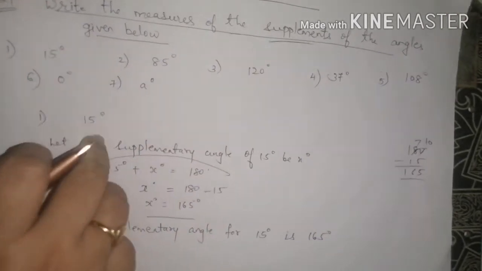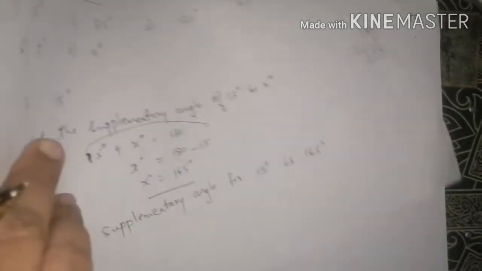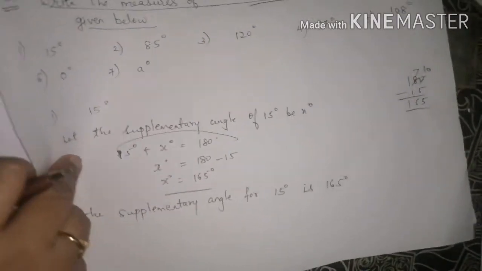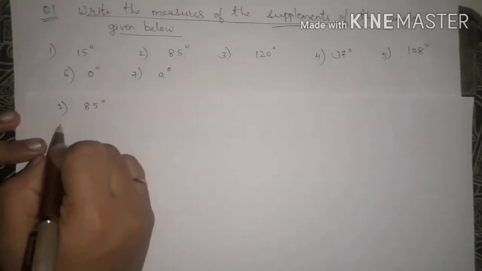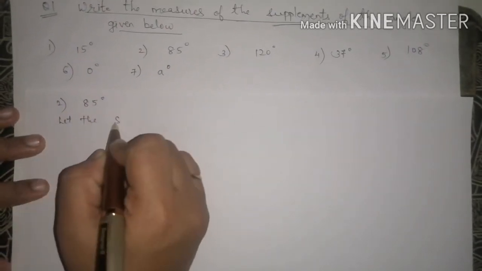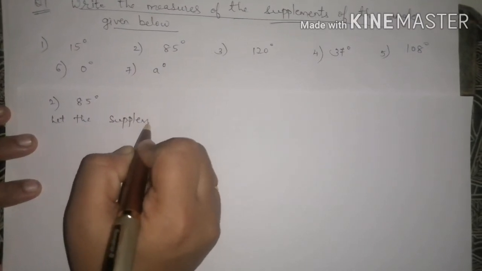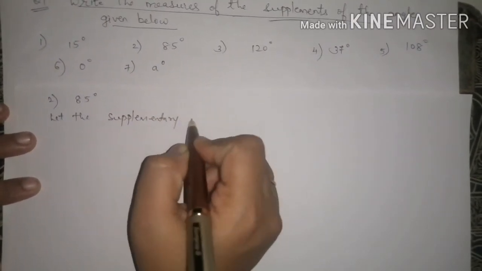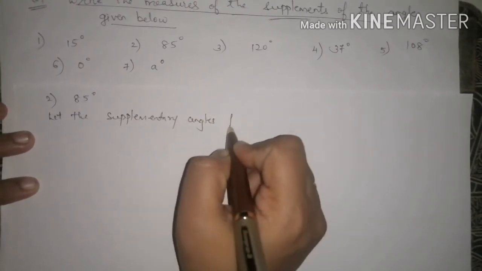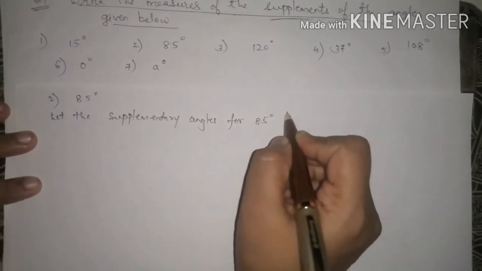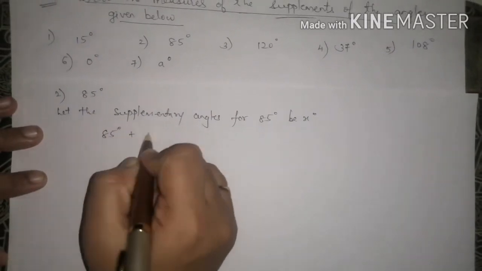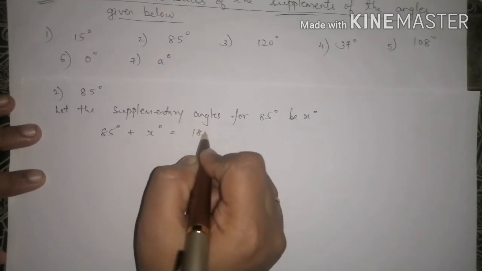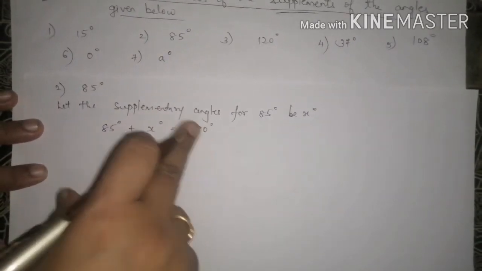See the second sum. The second one is 85 degrees. So write the first step. Let the supplementary angle for 85 degrees be x degrees. So add this: 85 degrees plus x degrees is equal to 180 degrees, because the total of supplementary angles is 180.